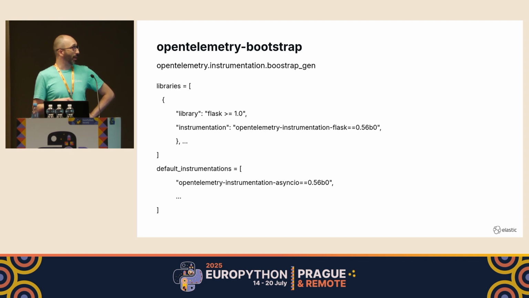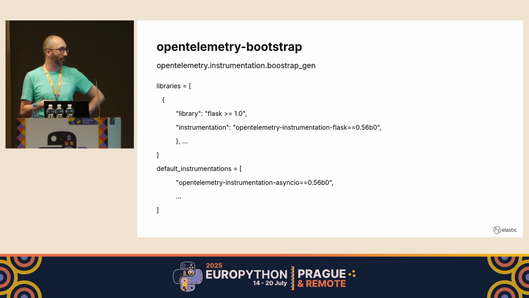We have a match where we say if you find the Flask package installed with a version higher than or equal to 1.0, we have an instrumentation for that, packaged inside the OpenTelemetry instrumentation Flask package. And the latest version of the package is 0.56 beta 0.